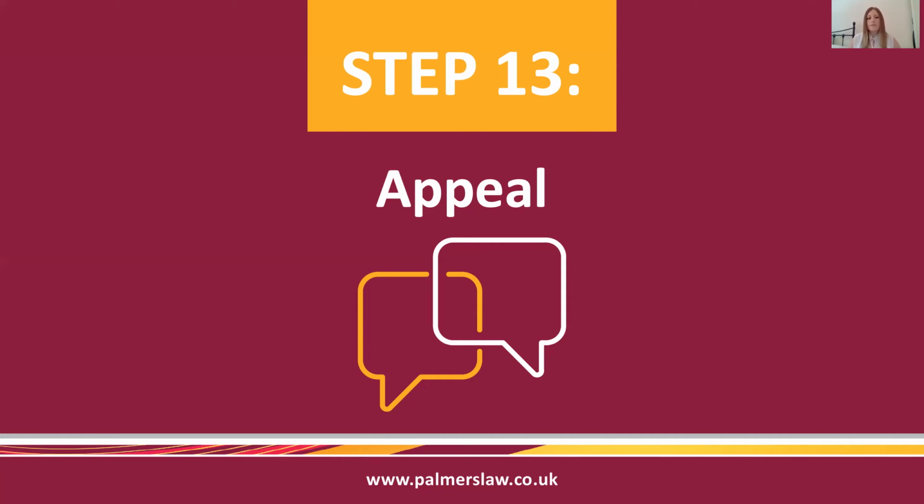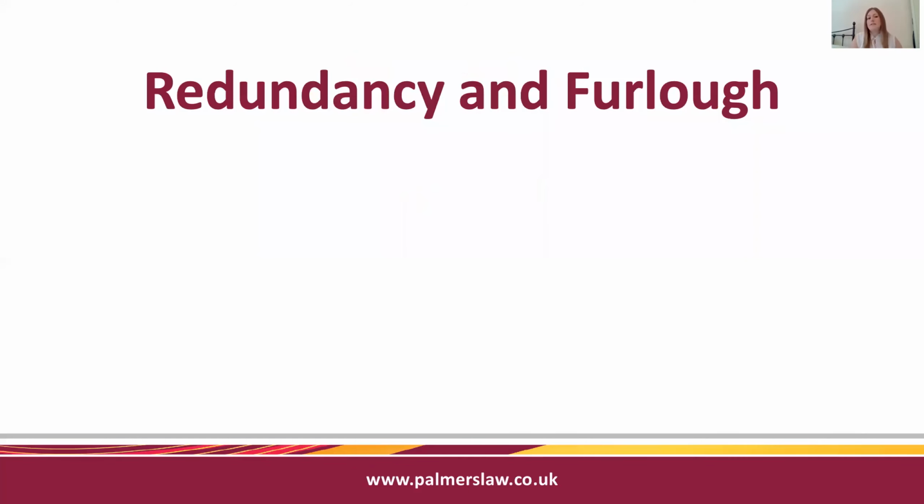And again, because this is a formal meeting, they are allowed to be accompanied by a trade union representative or a work colleague. And again, following this meeting, you should write to the employee confirming the outcome of the appeal and that this is the final decision by the company. And that is effectively the end of the redundancy process.